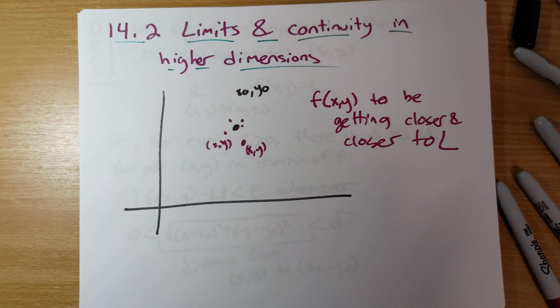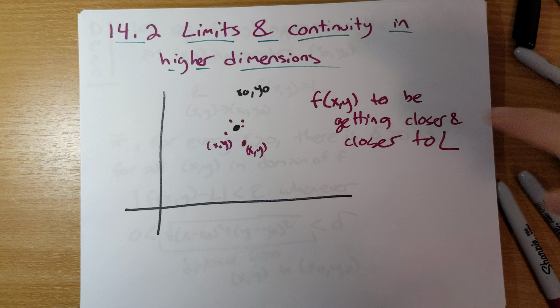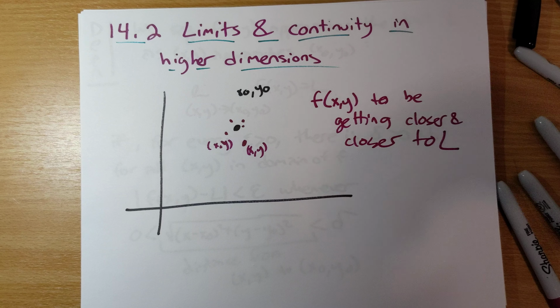By getting closer and closer, to make this more precise, we can make f of x y arbitrarily close to L as we get close to x naught y naught. And so this is the basic idea here that we have to talk about.